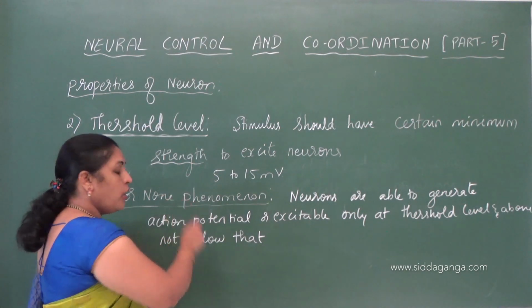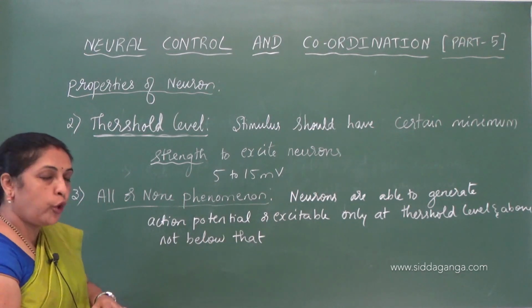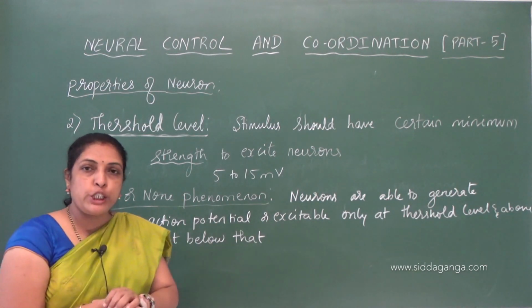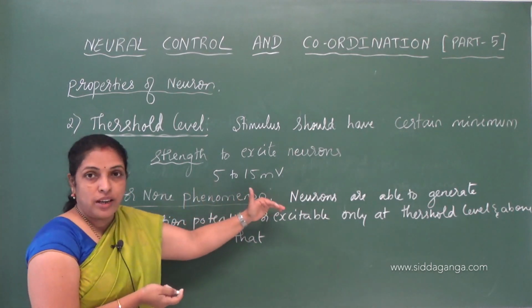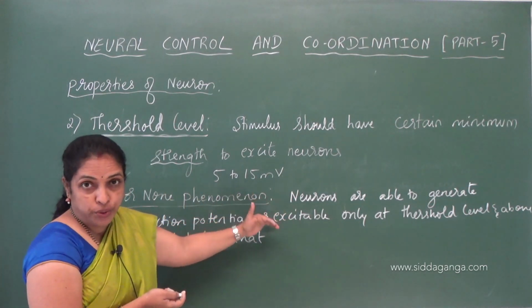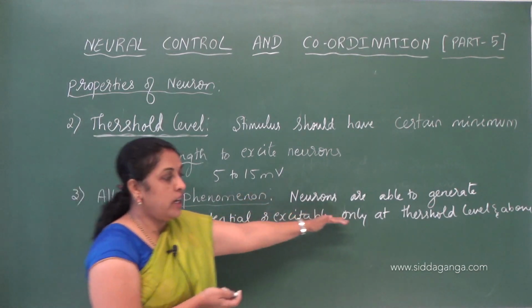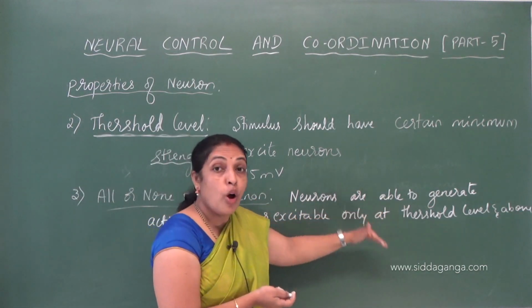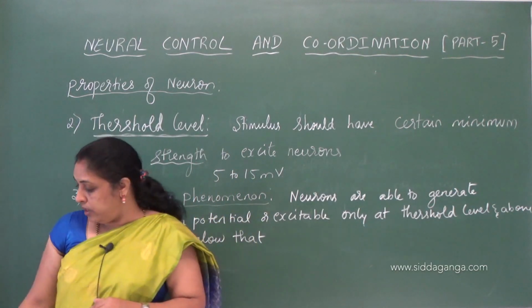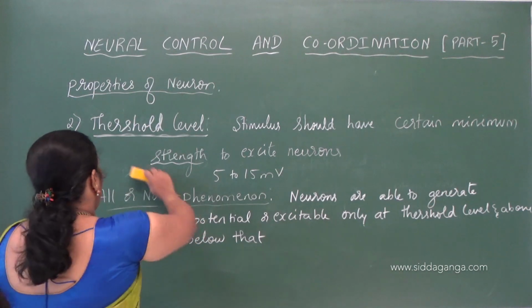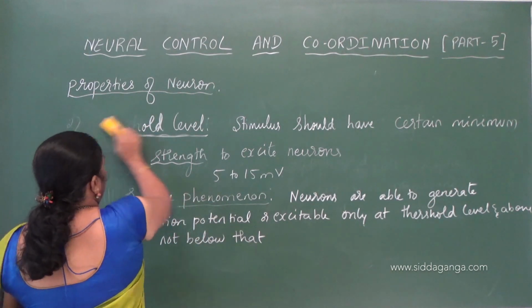There is no weak stimulus or partial stimulus. That is nothing but the all or none phenomenon. Next property of neuron.